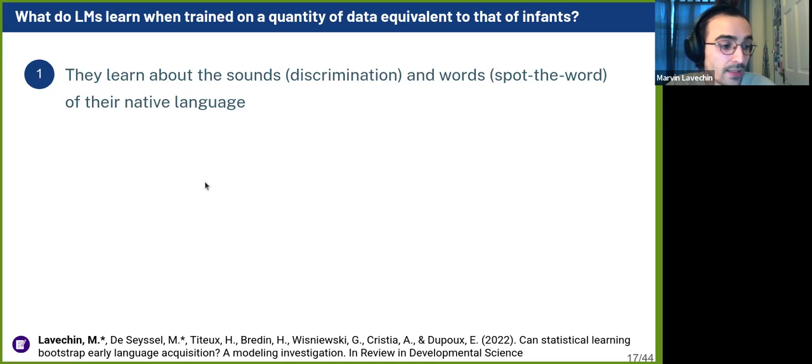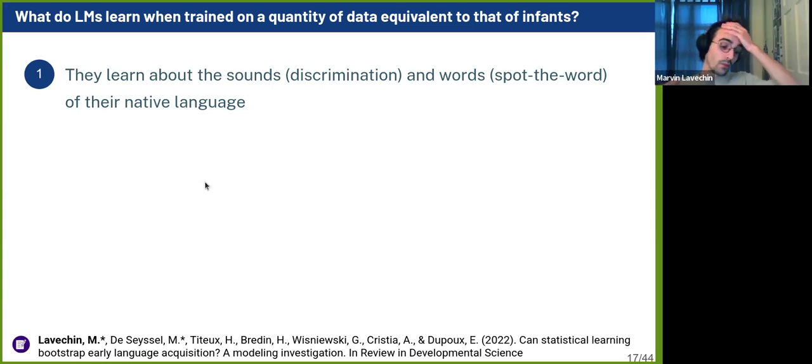She showed that there's some kind of capacity limit, and the performance of the bilingual model in terms of sound discrimination was lower than monolingual models. I don't know if that reflects anything about infants. I'm not an expert in this literature, but it might be that if you have to learn two languages at the same time, it takes a bit more time to discriminate the two sets of sounds belonging to these two languages.